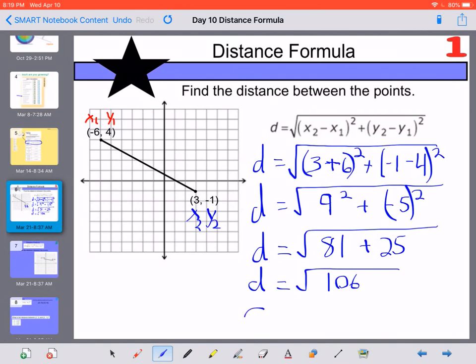Then I'm going to use my calculator to figure this out. The square root of 106 is 10.3. So the distance between -6, 4 and 3, -1 is 10.3.